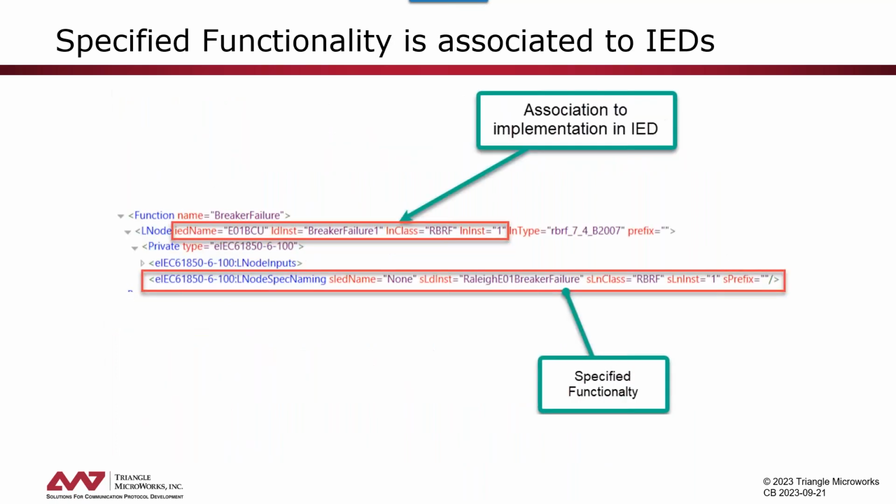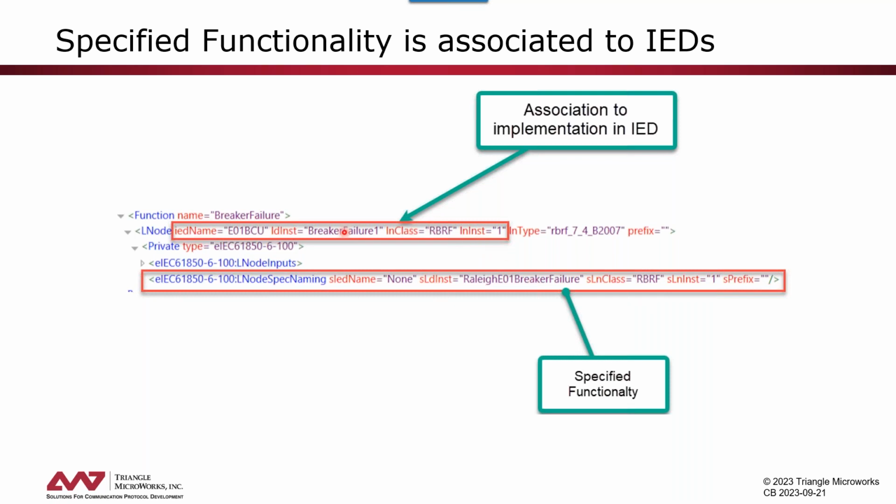When we realize a system, we start with the specification and then we implement it, which means we associate our specified functionality to IEDs. And again, this is implemented and documented in the System Configuration Language file. We see here an extract where we have in the function breaker failure specified logical node RBRF to be used.